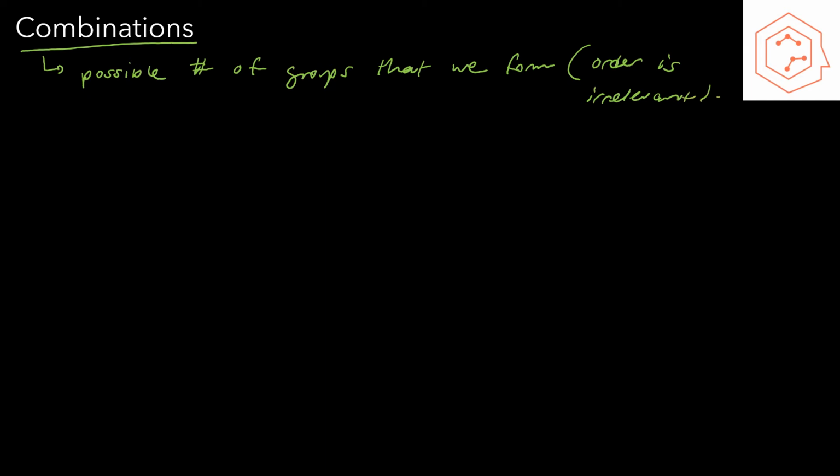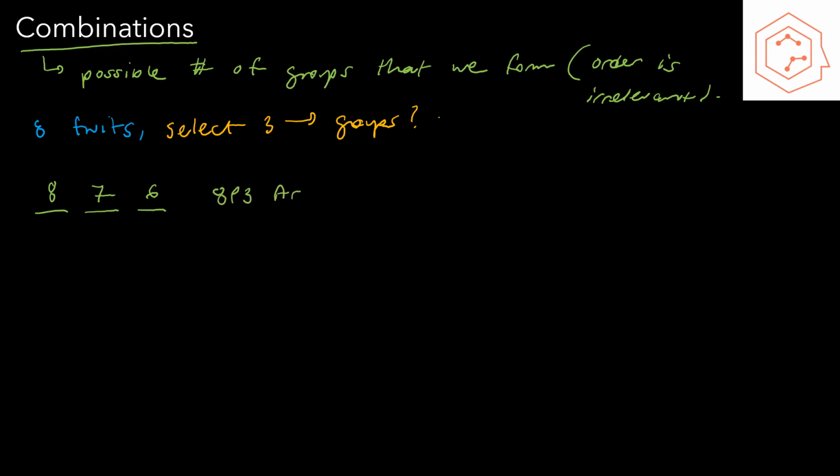So to answer our question with our fruits, we have 8 fruits, and we're selecting 3. And we want to know how many groups we can form. So we have 3 spots. So let's go back a minute. We know that we have 8 times 7 times 6 possible arrangements. So 8 pick 3 arrangements.